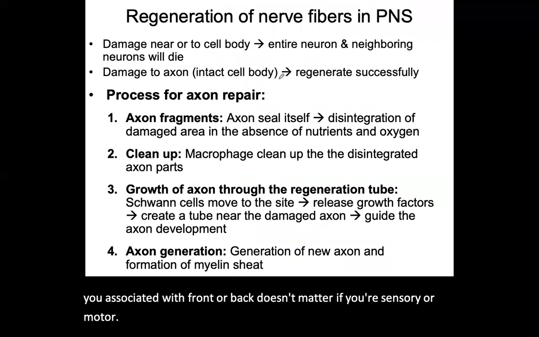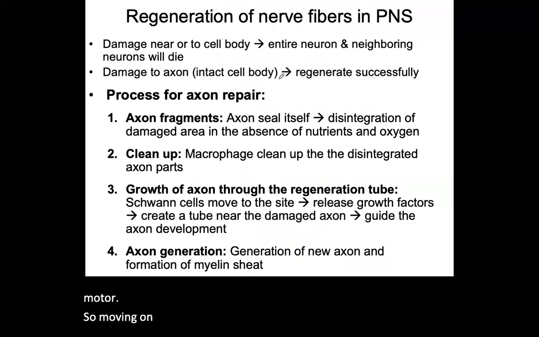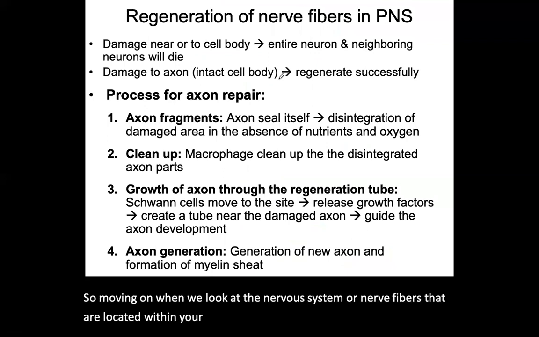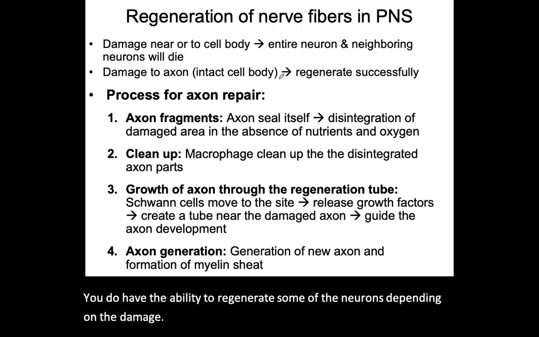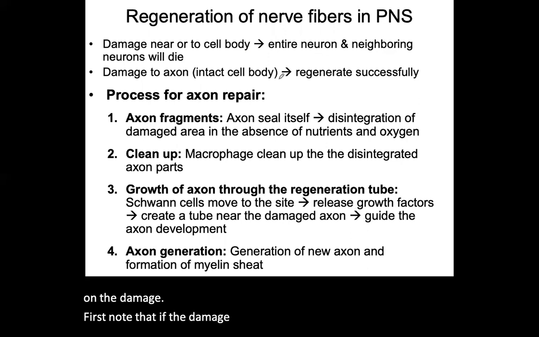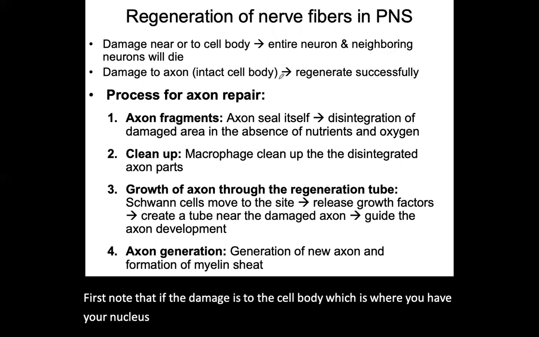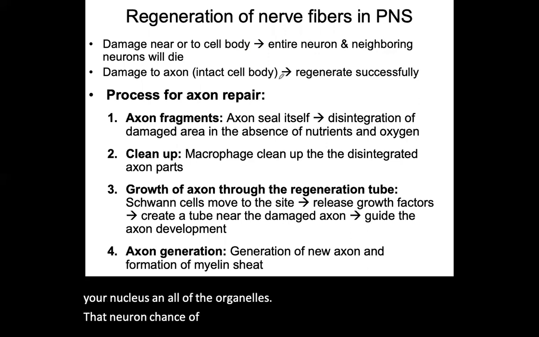So moving on, when we look at the nerve fibers that are located within your peripheral nervous system, you do have the ability to regenerate some of the neurons depending on the damage. So first, note that if the damage is to the cell body, which is where you have your nucleus and all of the organelles, that neuron's chance of survival is pretty slim.